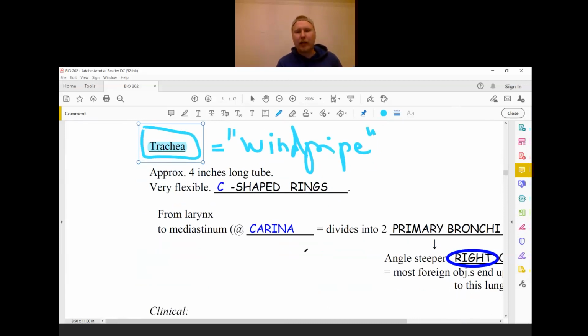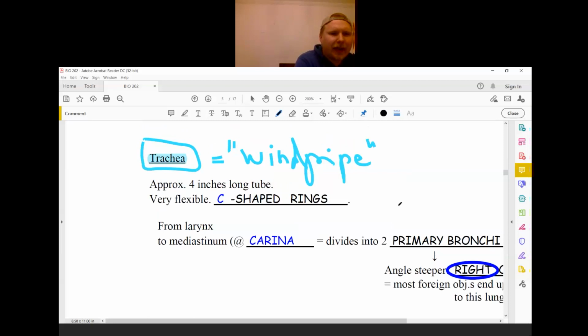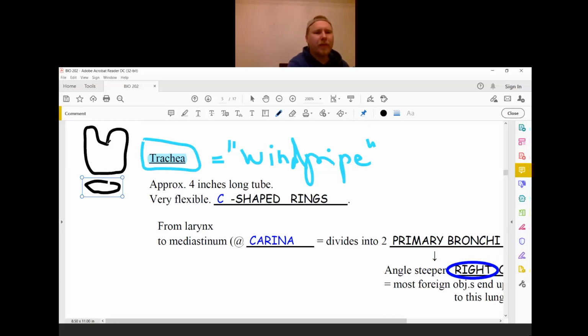So again, let's do a quick sketch. Here I'm going to draw the cricoid cartilage and our thyroid cartilage. And from the cricoid cartilage, we had our trachea starting.